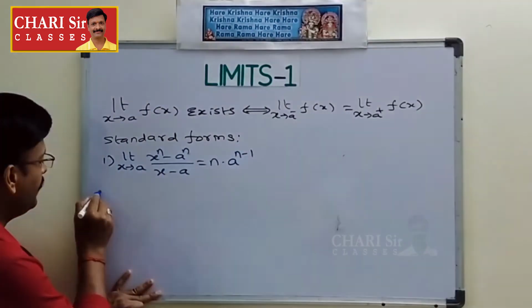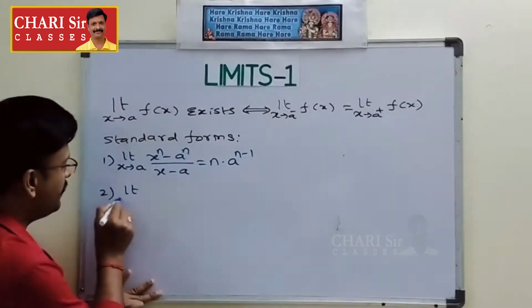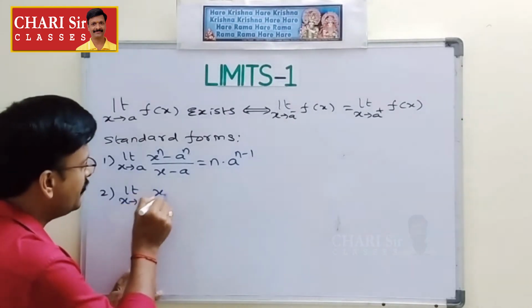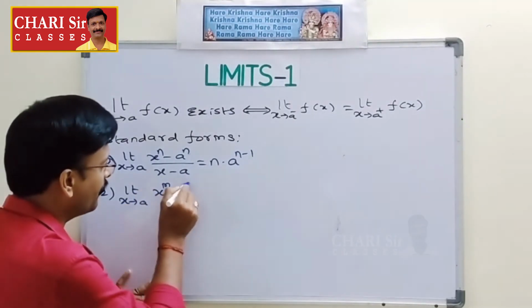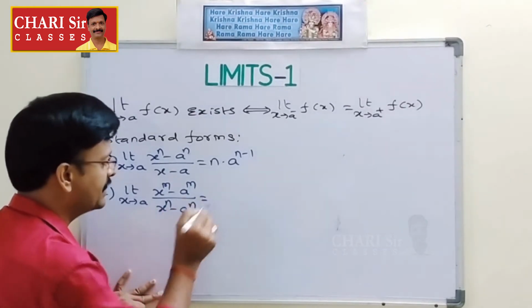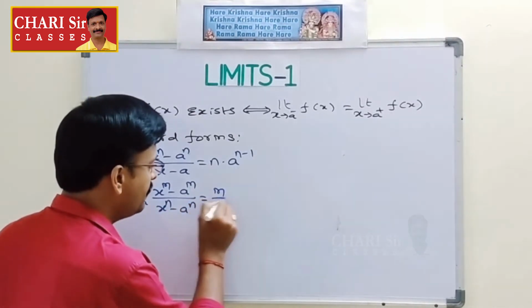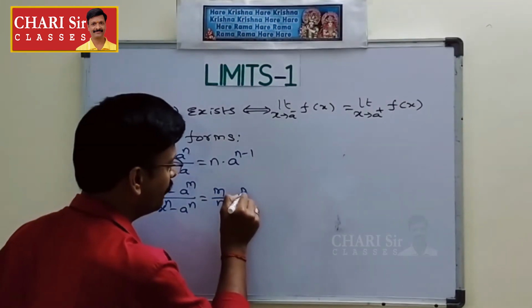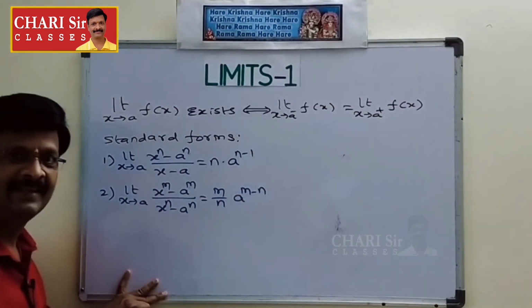And similarly, the next standard form is limit x tends to a, x to the power of m minus a to the power of m by x to the power of n minus a to the power of n is equal to m by n a to the power of m minus n.